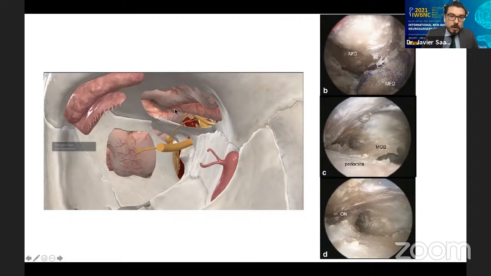As you can see here, you have access to the anterior fossa and to the medium fossa. When you drill the bone, you will have access to the dura of the anterior fossa, the dura of the medium fossa, and a structure that is going to be very useful, the meningo-orbital band, which is an area where the dura becomes the periorbita. This is the optic nerve.